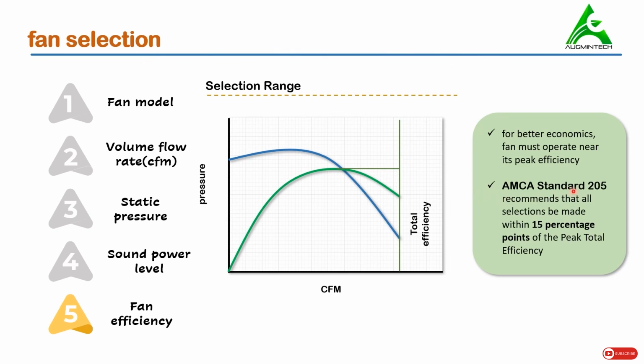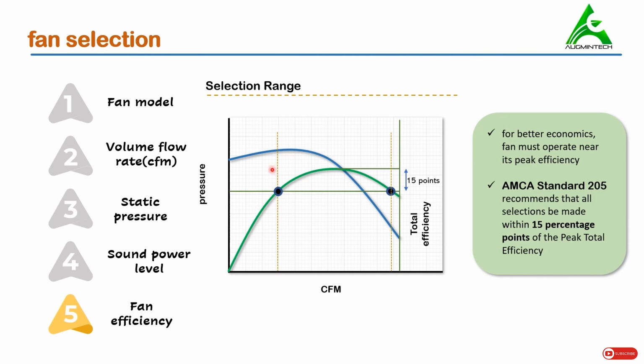Now AMCA standard 205 recommends that all selections be made within 15 percentage points of the peak total efficiency. So this is the peak total efficiency. Close to this 15 points, we'll draw a line that will intersect the efficiency curve at 2 points, as can be seen in the chart. Now what next? From here, we need to draw a vertical line that intersects the CFM axis.